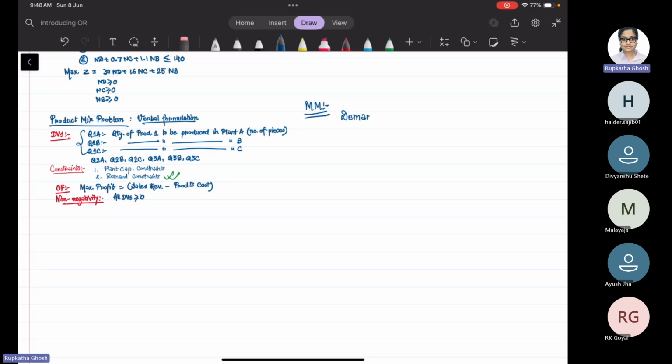So the first thing that we do is we will write the demand constraints. Sajid, can you try? Yes, I'm just taking.